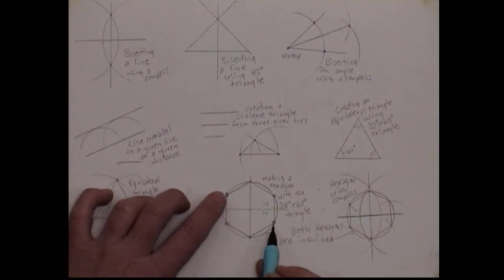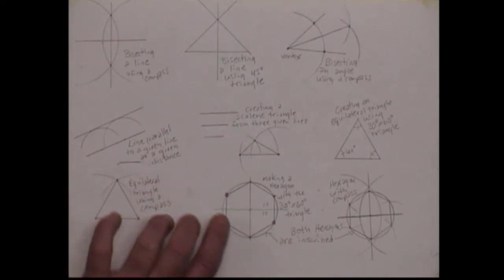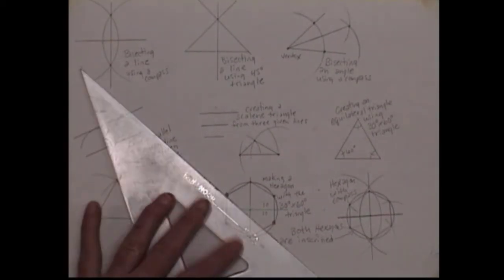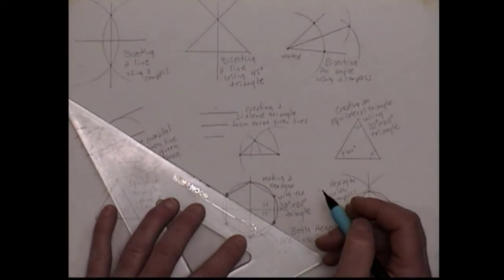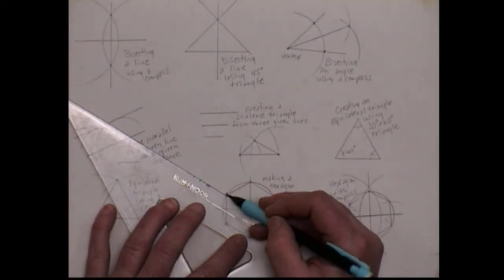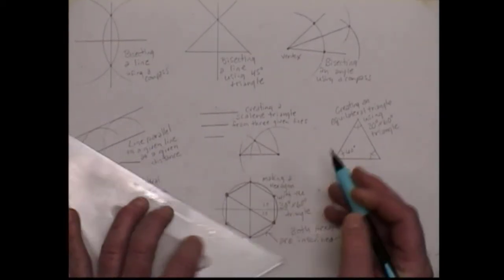Okay? They're both inscribed. Now, the distance across the points is special in this case because of why? What's this distance across these opposite points? What's that equal to? The diameter, right? So you need to make a note of this.